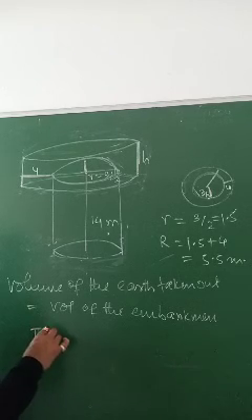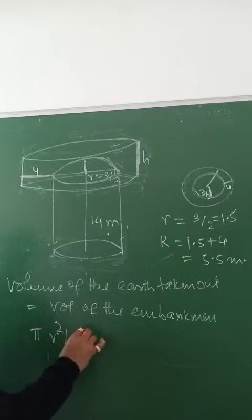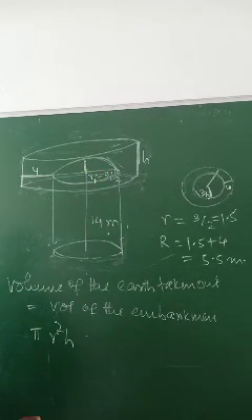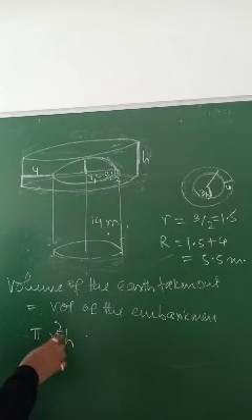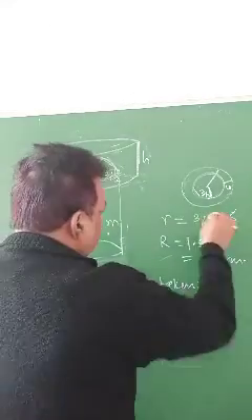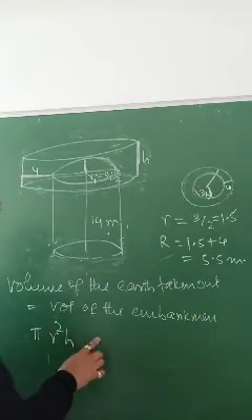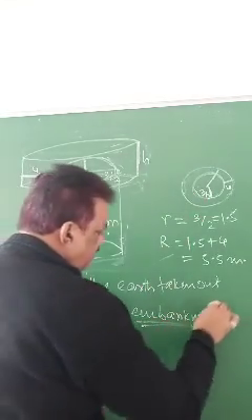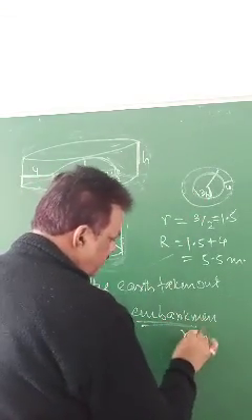So that is pi r square h. You can write r1. Because r is same, this r is also same for both. Equals to volume of ring. Embankment means ring here. This is a ring.